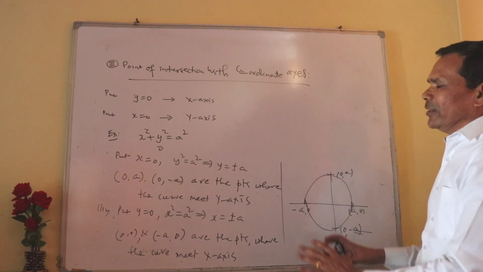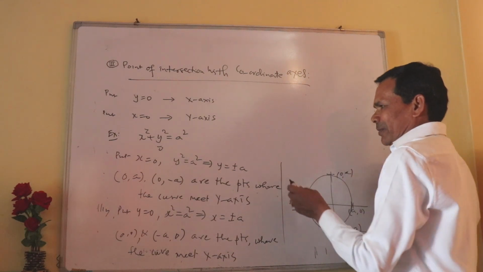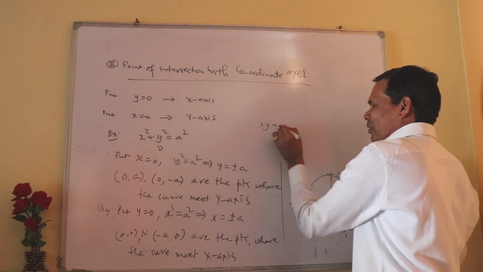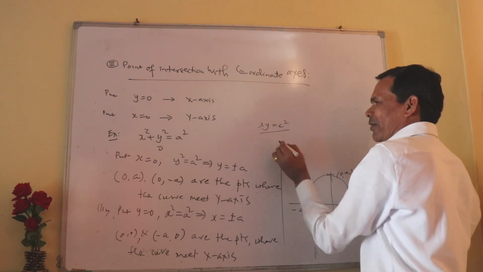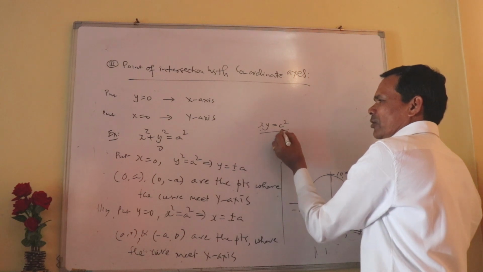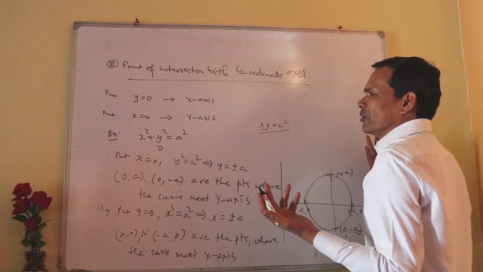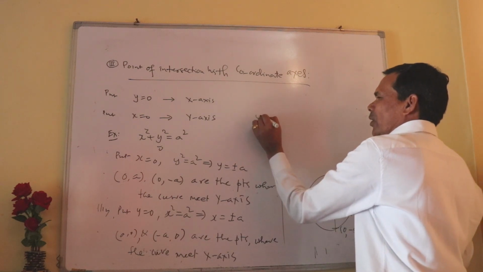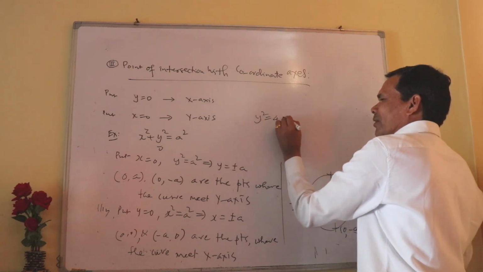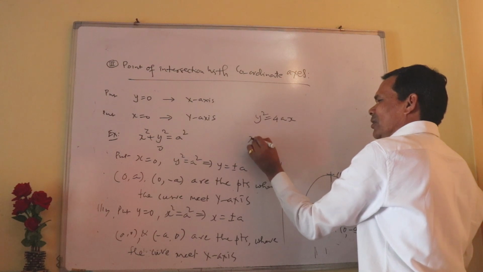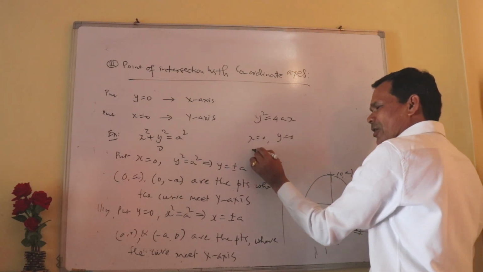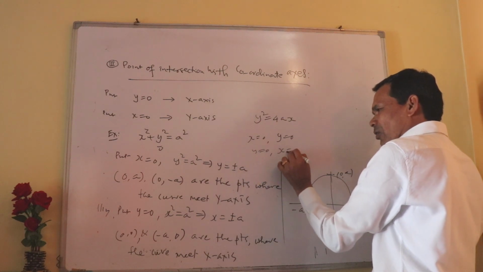Now, for any curve, suppose I take xy equals c square. Does the curve meet the x and y axes? You put x equal to 0, you get 0 equals c square, so you do not get a point of intersection. Similarly, for y square equals 4ax, if I put x equal to 0 you get y equal to 0, and if you put y equal to 0 you get x equal to 0.